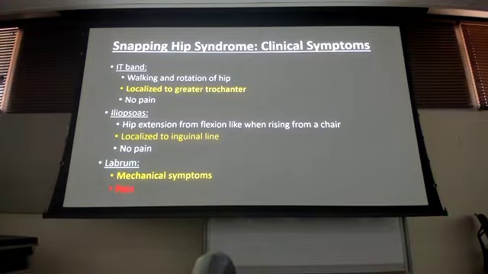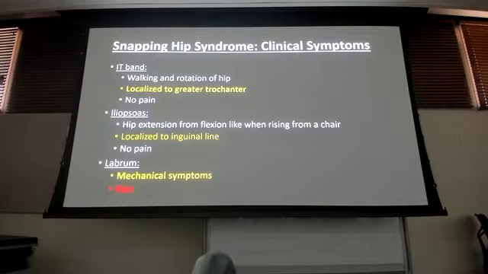Okay? So when are they going to have clinical symptoms? What are they going to report? They're going to report that they have that snapping, that pain, with walking and rotation of the hip. Okay? If it's IT band or external snapping, then they'll localize it to the greater trochanteric region, so lateral hip. Okay? So they'll point with one finger to the greater trochanter. All right. But sometimes they can have no pain. So that's confusing.